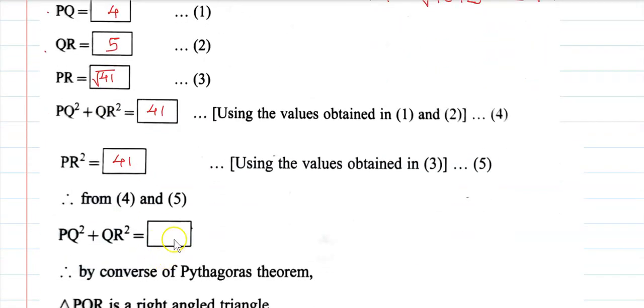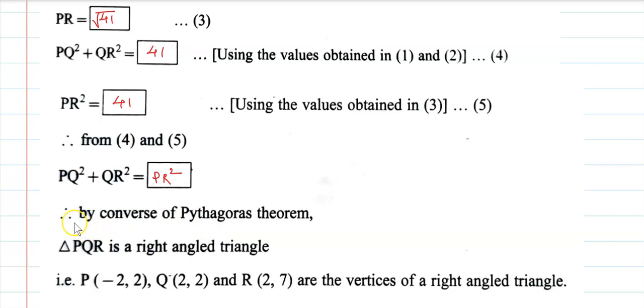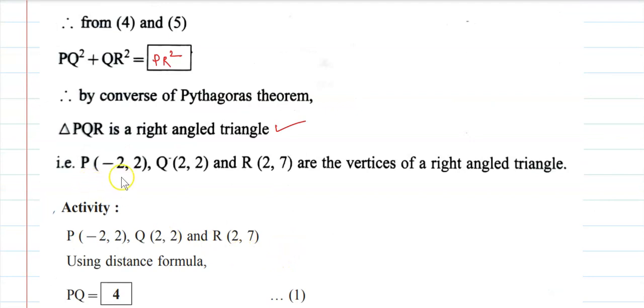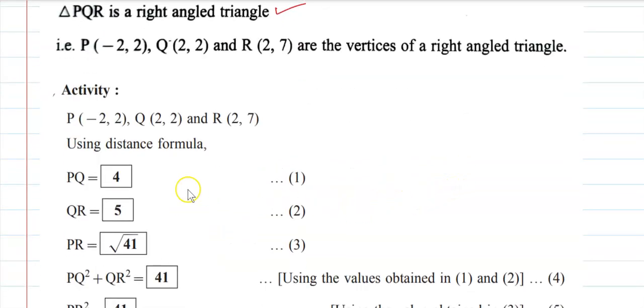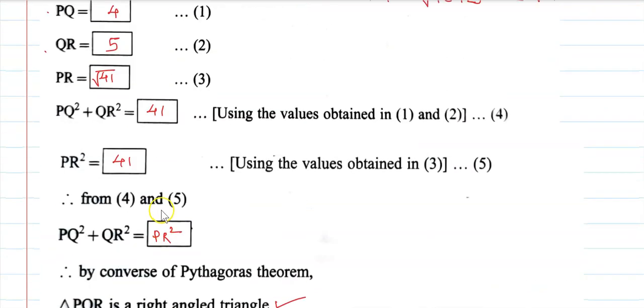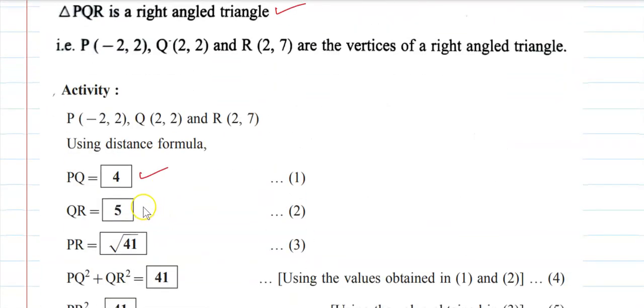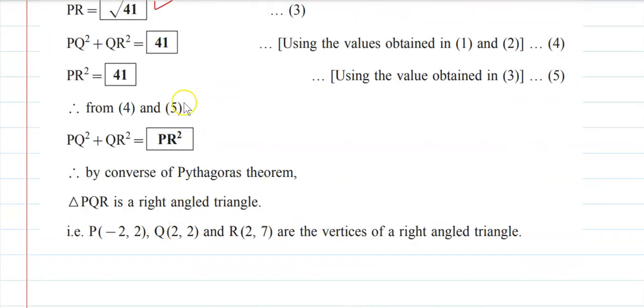Now, these two are equal. And therefore, PQ square plus QR square is equals to PR square. Okay, the PR square. Therefore, by the converse of Pythagoras theorem, triangle PQR is a right angle triangle, and that is P(-2,2), Q(2,2), R(2,7) are the vertices of the right angle triangle. पुन्हा इथे बघू शकताय. The first is 4. Okay. Next is 5, root of 41.